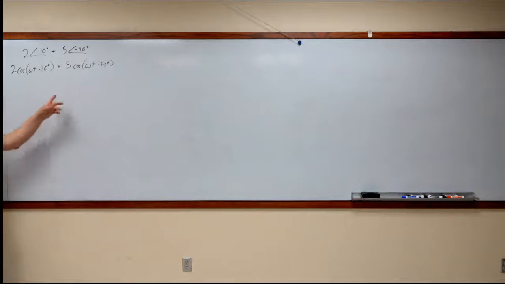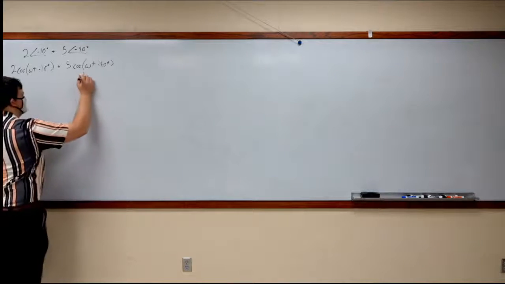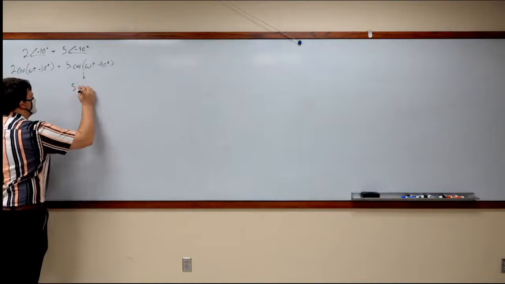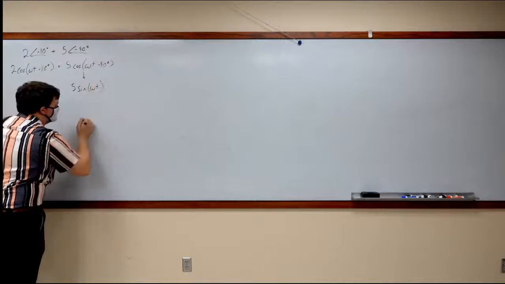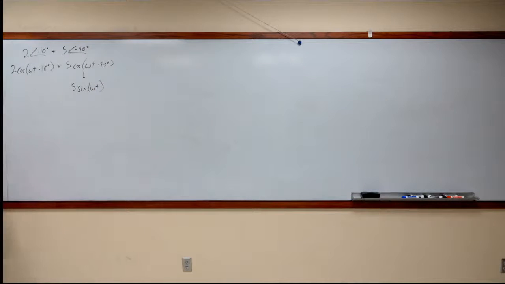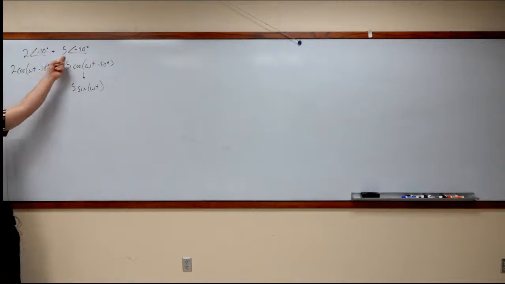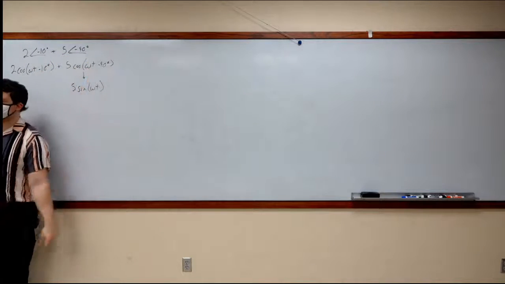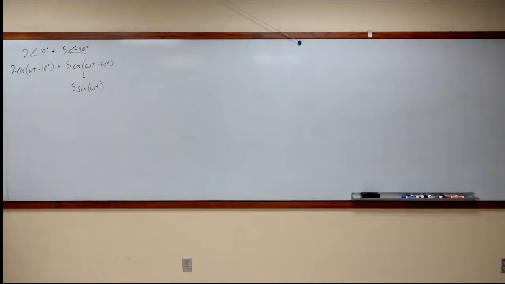Now, the interesting thing about this is those are equal. That is 5 sine omega t. Okay, now 5 sine omega t is equal to 5 phase angle -90 degrees. Just for funsies. So, jazz hands.